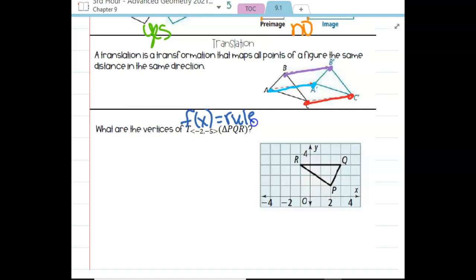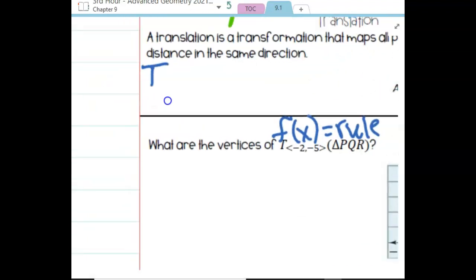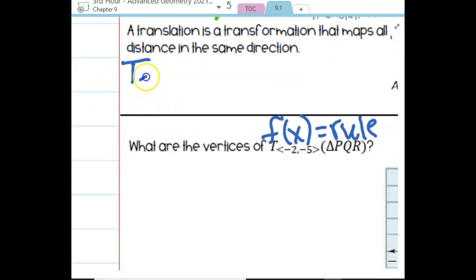So the function notation for translations is going to use a capital T, the name of the function, the translation. And I'm actually going to add something in here that I didn't do last hour. Down here is going to be our rule, and we'll talk about that in the second example, but it's going to be in these little arrows.